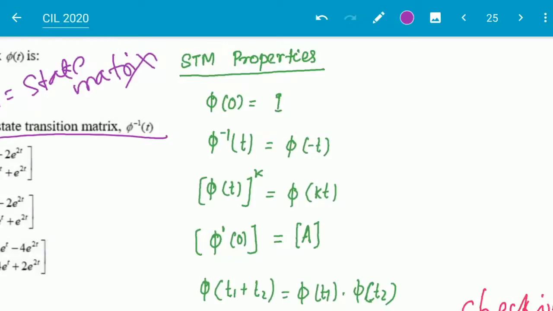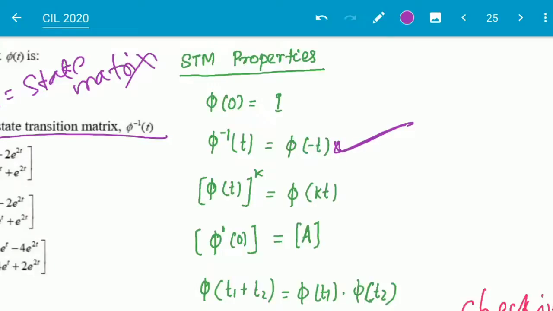We have to first note down the state transition matrix properties. What are the state transition matrix properties? If phi(t) is the state transition matrix, then phi(0) is equal to the identity matrix. Phi inverse(t), the inverse of the state transition matrix, is the same as if we put negative value of t in that. This is one of the important ones.